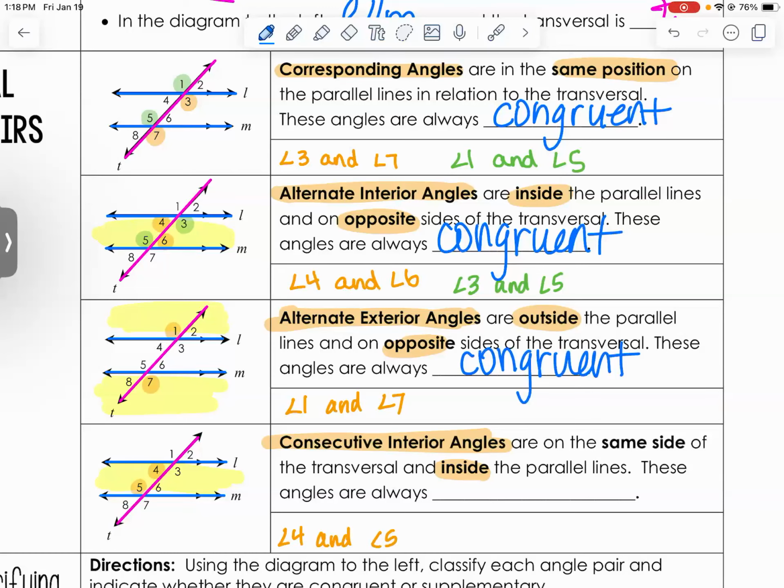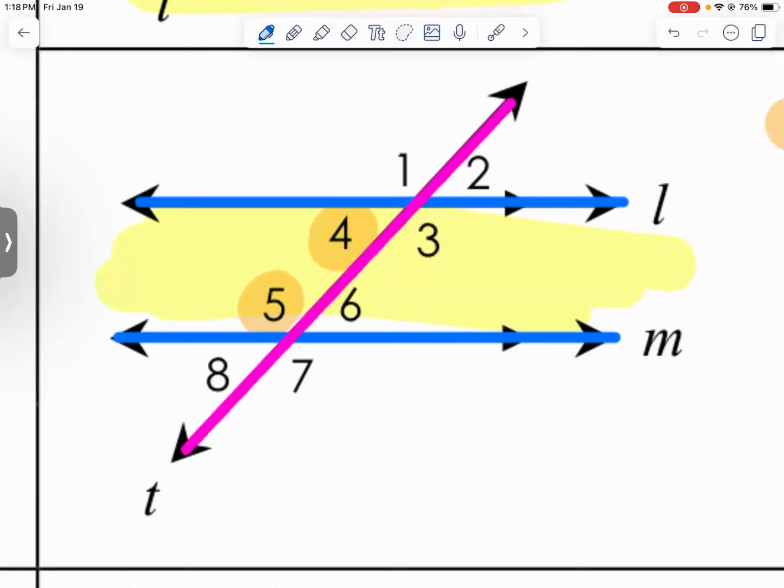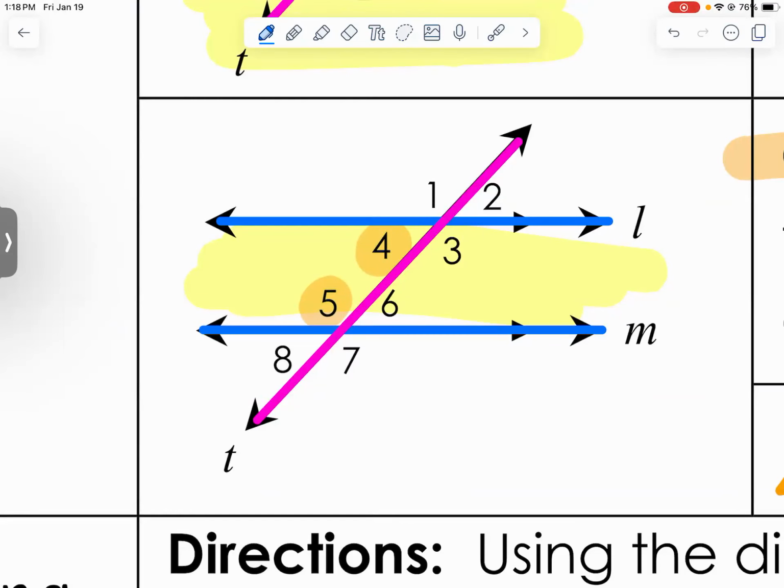So our lines are parallel. But what is true about the measure of angles 4 and angle 5? What do you mean? Okay.